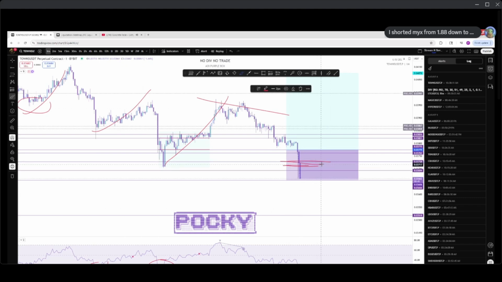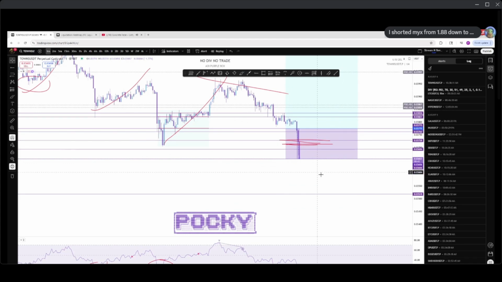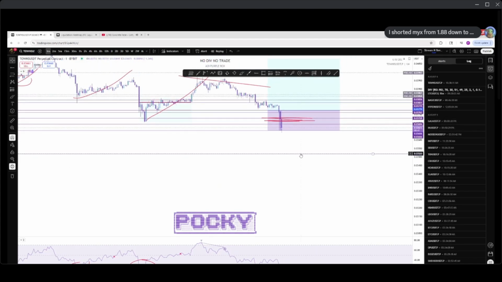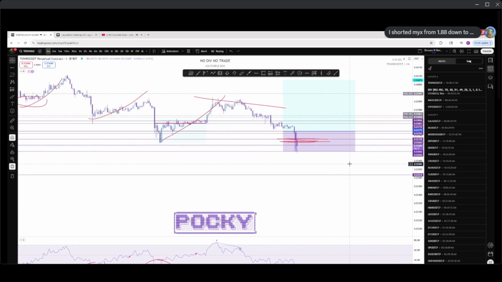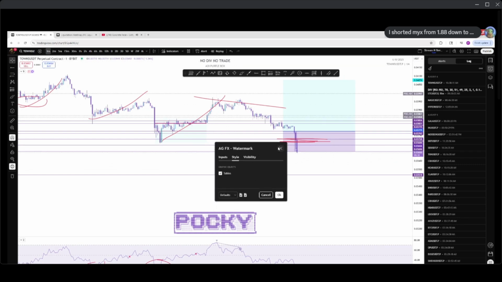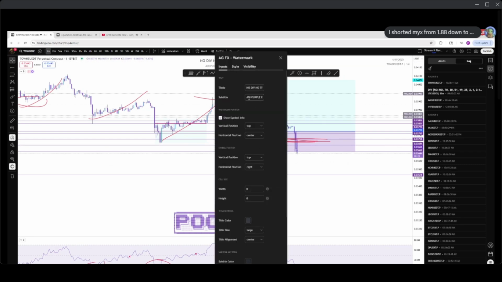I'm de-risking. Because if these levels don't hold, we'll just teleport to this last level, and after that, it's game over. This is not a hard stop. I do not use hard stops. Please understand that I do not use hard stops.